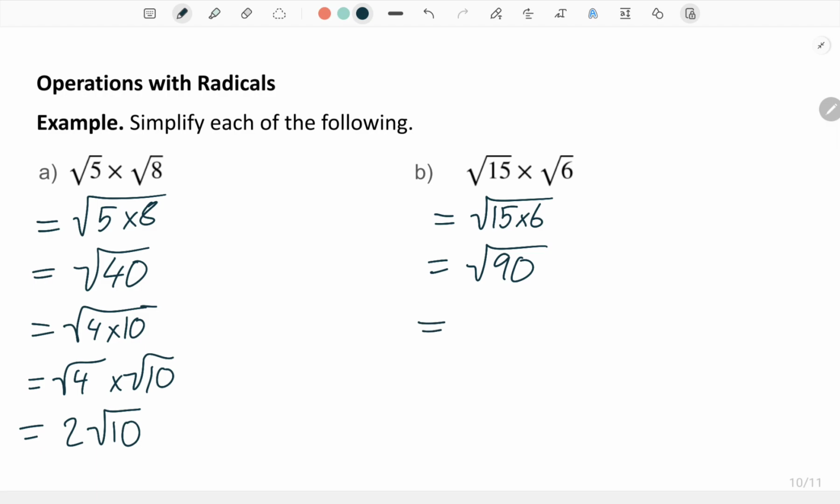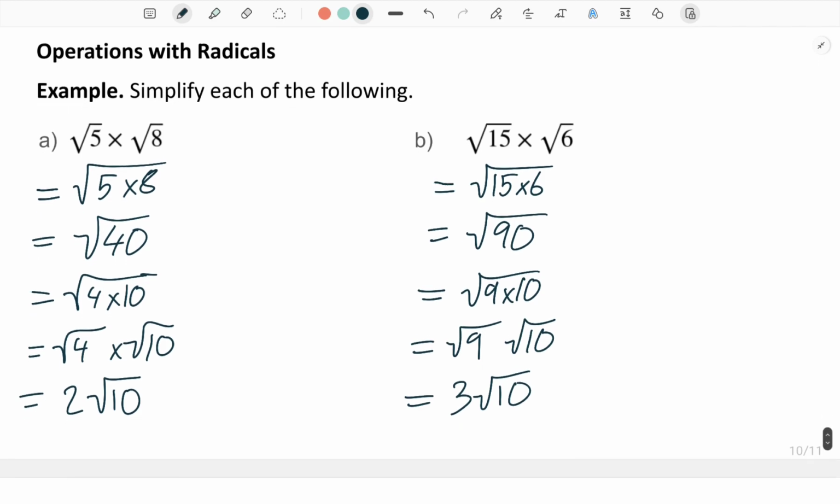How can we do that with a perfect square? Well, in this case, it's going to be 9 times 10. So break it apart into root 9, root 10, which then when you take the square root of 9 becomes 3. So it becomes 3 root 10. And so there you have it. You've simplified that particular statement.